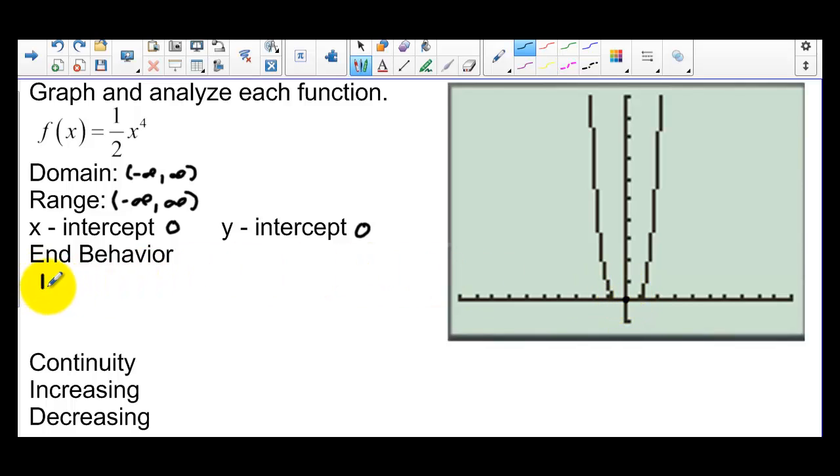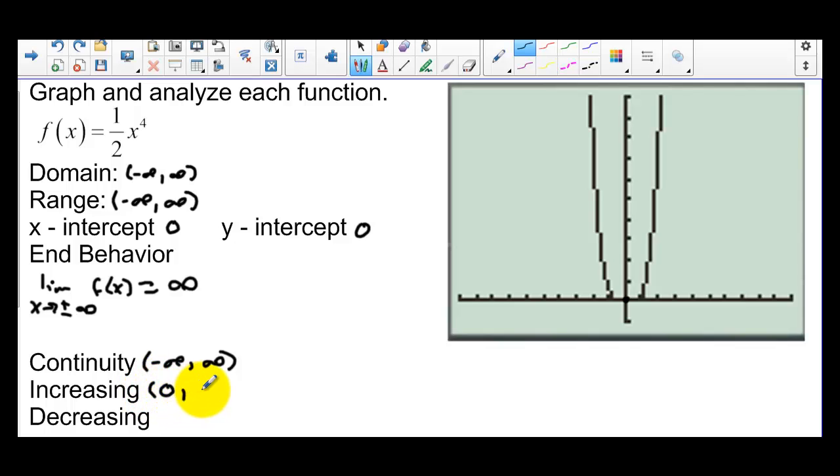The end behavior is the limit as x approaches positive or negative infinity of f of x is equal to positive infinity. So if you go to the right or the left, the y's are shooting off to positive infinity. The continuity is negative infinity to infinity. There's no places where this function is discontinuous.